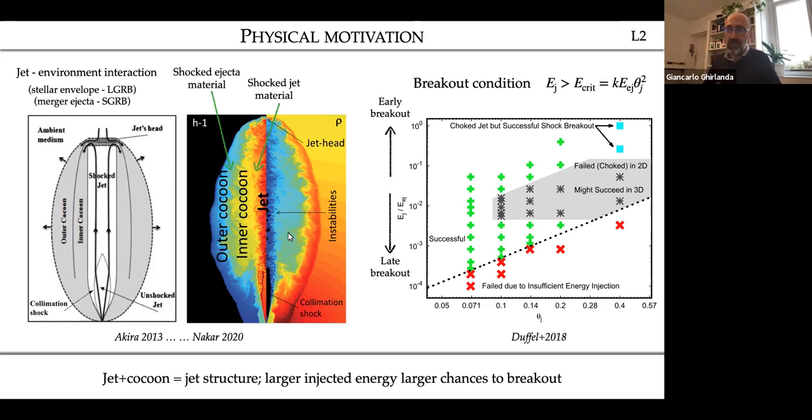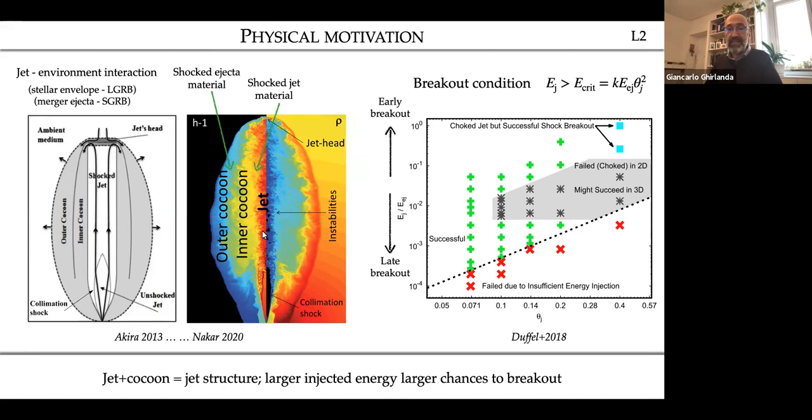Here you see the result of numerical simulations which show, for instance, with color code the density of the cocoon-jet system and the enthalpy. You see that, for instance, the cocoon is filled with relatively energetic material, which decreases going to the edge of the cocoon.